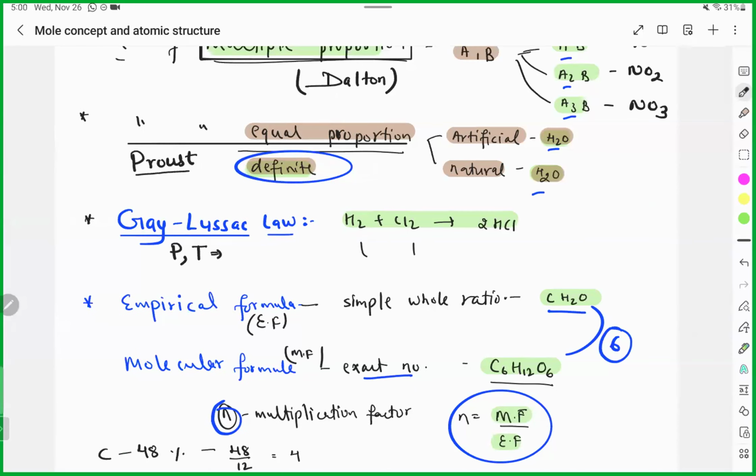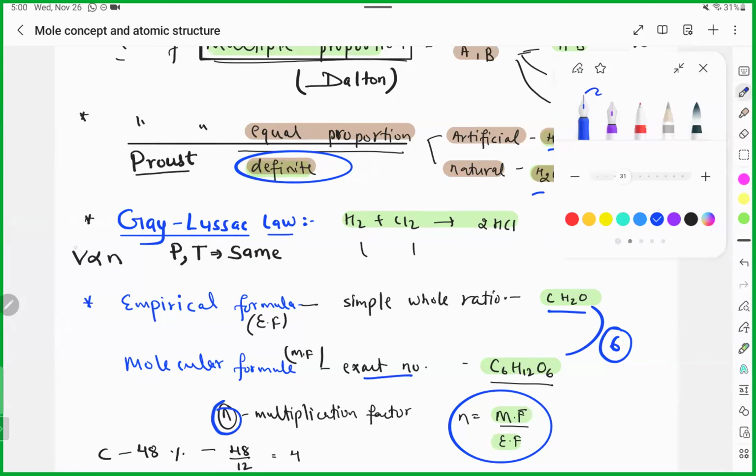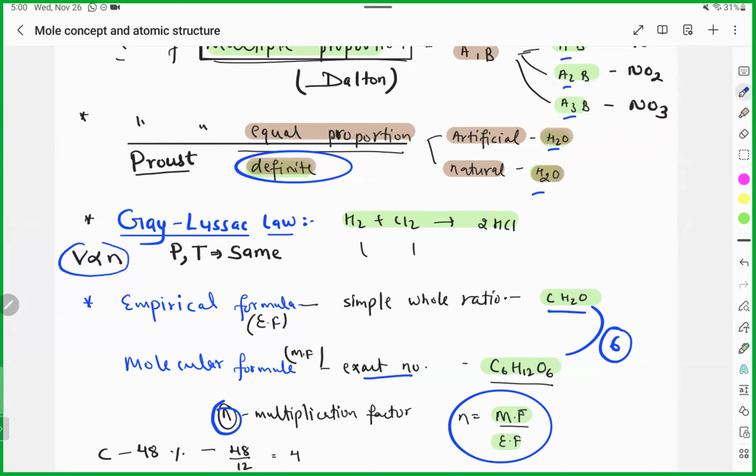So when pressure and temperature are the same, then volume is directly proportional to the number of moles. Understood? When pressure and temperature are the same, then volume is directly proportional to the number of moles.